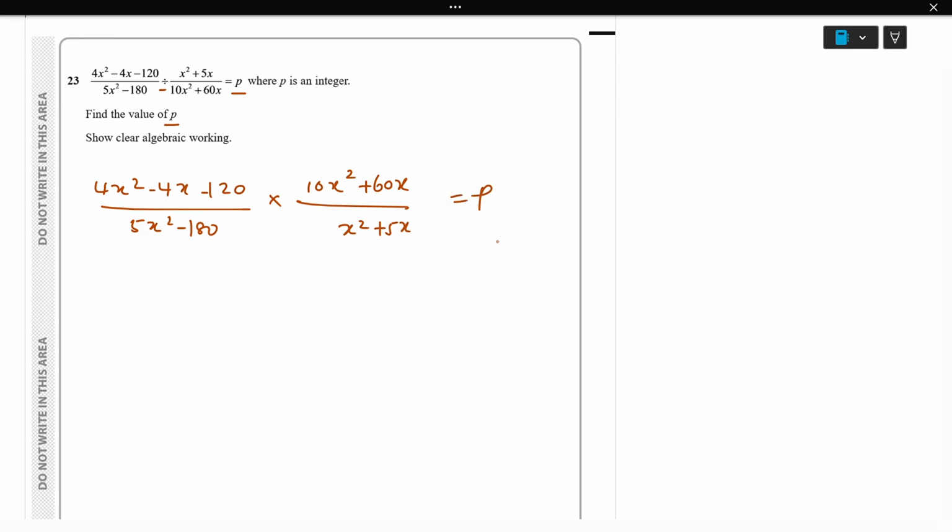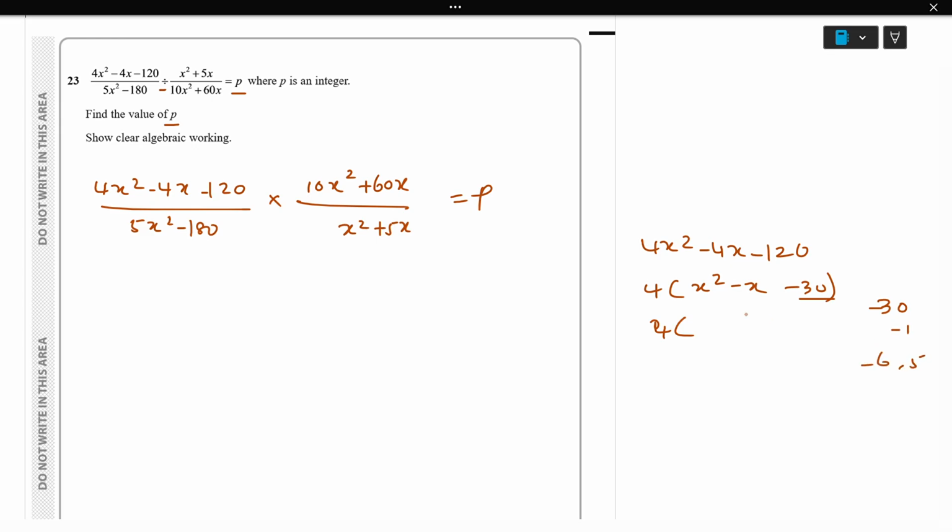Now I'll factor the first part, which is 4x squared minus 4x minus 120. Bring 4 outside, so x squared minus x minus 30. So here we have to get negative 30 multiplied and minus 1 added, which is 6 and 5.